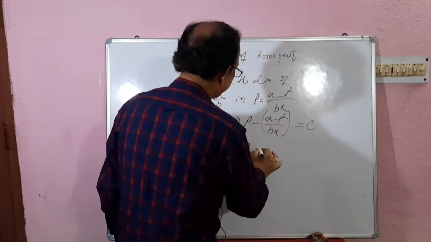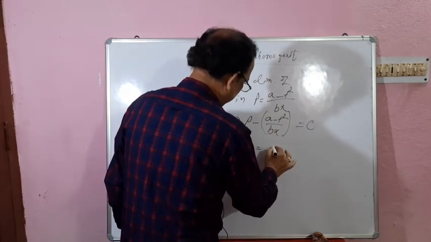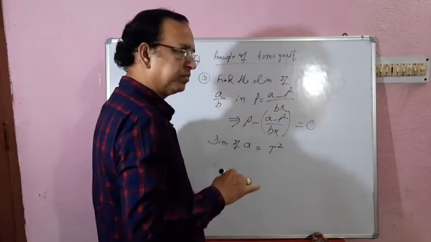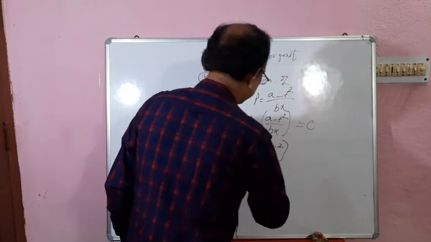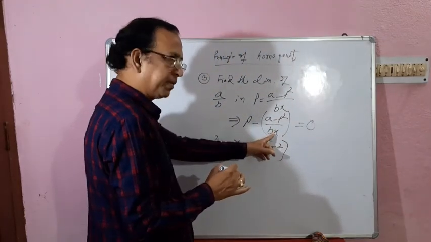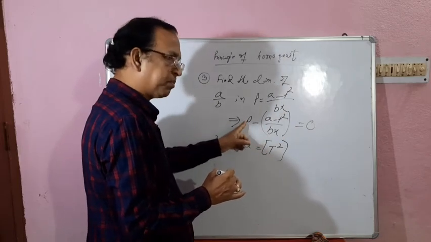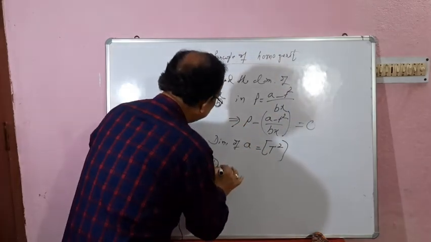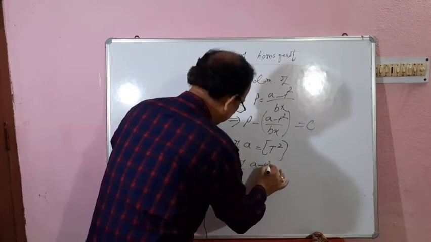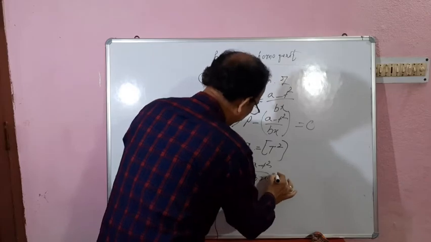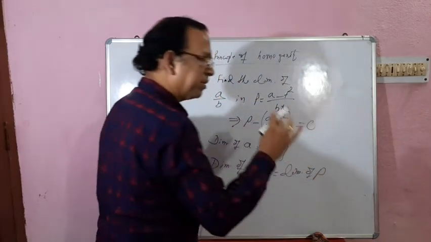Dimension of A, that is T square. Okay, so that means that is T square. Now dimension of B. So dimension of A minus T square by Bx is equal to dimension of P. P means pressure.